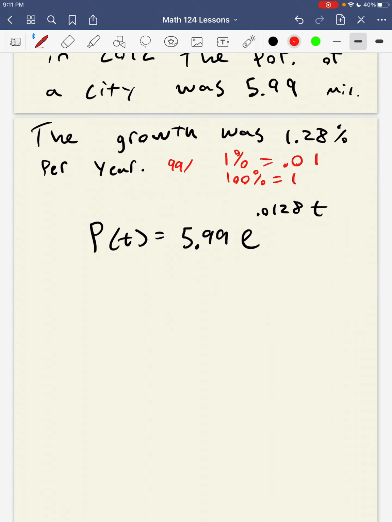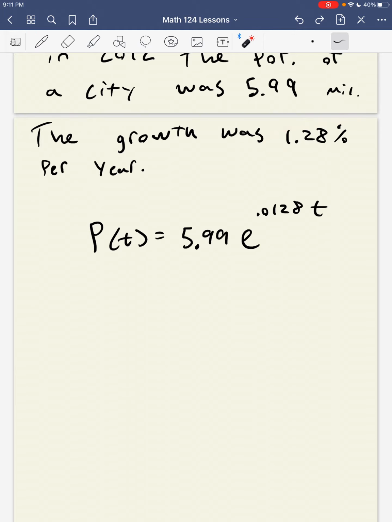So like 99% is equal to the decimal 0.99. So we have to be comfortable using the conversion between percentage and decimals in this section. So 1.28% is equal to 0.0128. You just move the decimal over twice.